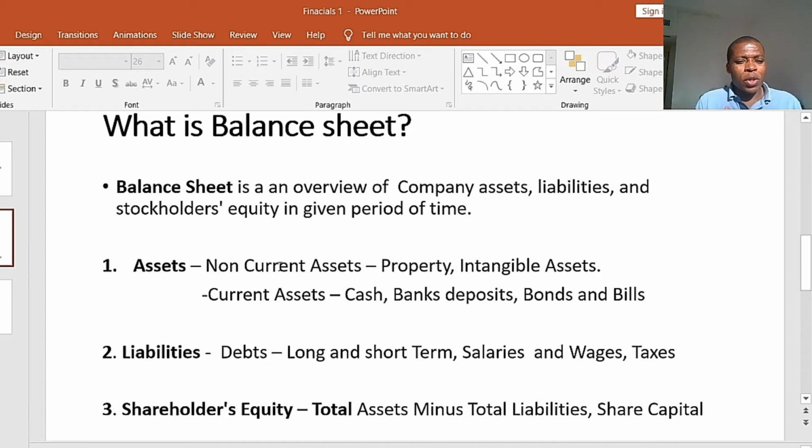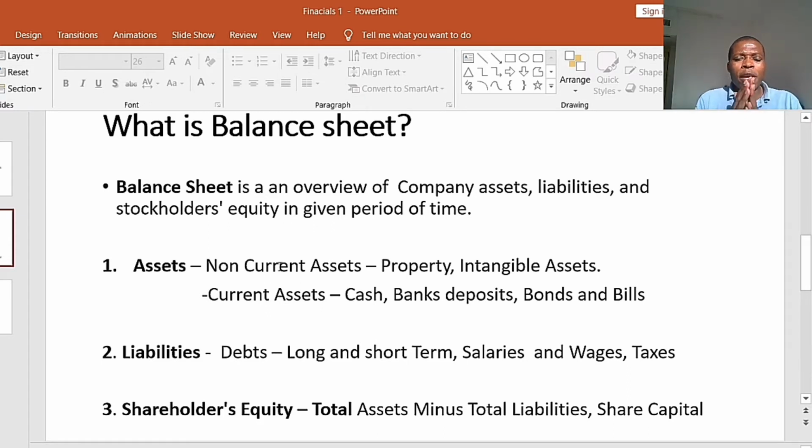Mainly, shareholders' equity is total assets subtracted by total liabilities, which gives you the shareholders' equity. Under shareholders' equity, there is also share capital and share premium. Basically, those are the three sections you will be looking for in a balance sheet.